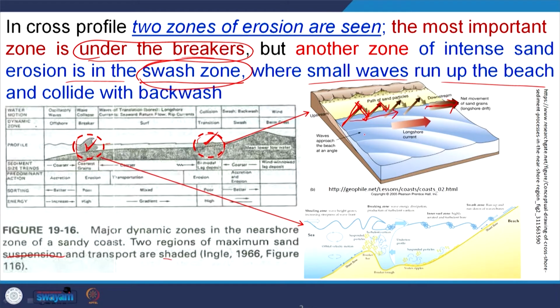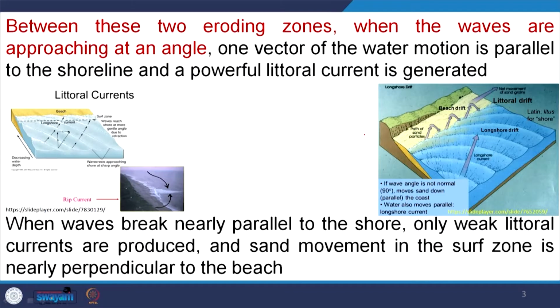Now the question arises: how is the littoral current generated, and what is its role in the migration of the sand sheet and the formation of the sandy coast? Between these two eroding zones, when waves approach at an angle, one vector of the water motion is parallel to the shoreline and a powerful littoral current is generated.